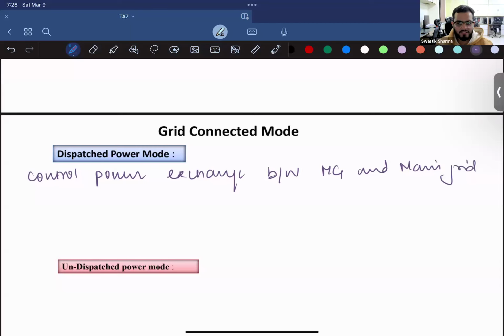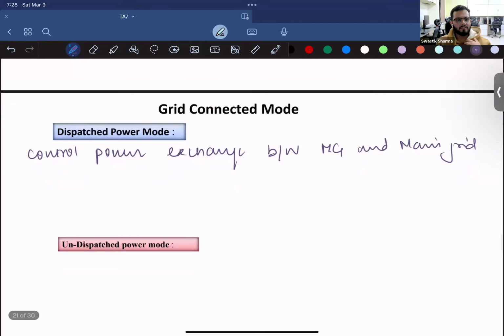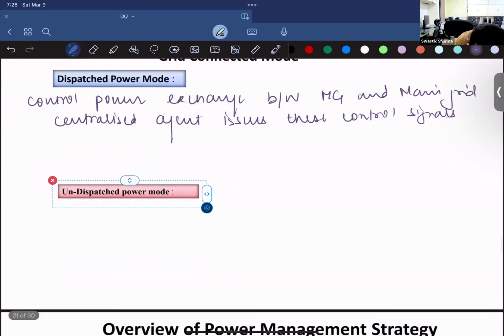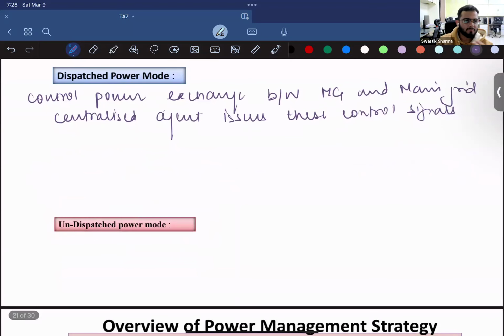If you are controlling that power exchange, you have to do it from a centralized agent. A centralized agent issues this control signal for dispatching your power to manage how your voltage and frequencies are changing. And the generations of individual AC/DC microgrid are again controlled based on two things.